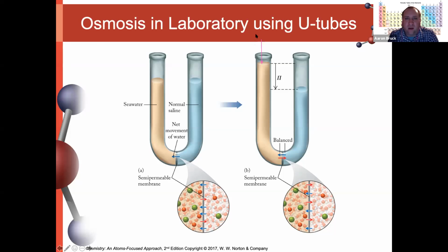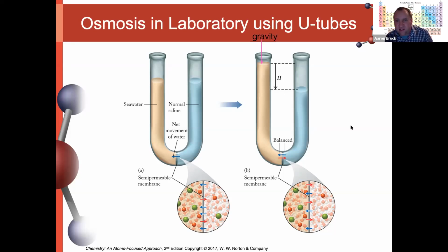And eventually, the balance between the force of the water going through the membrane versus the force of gravity pushing down on this ultimately results in an equilibrium taking place, and it goes no further.